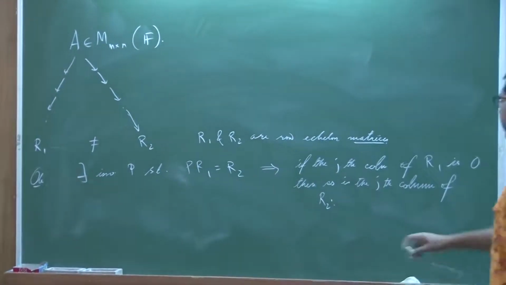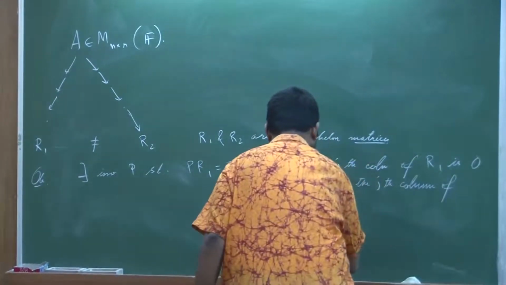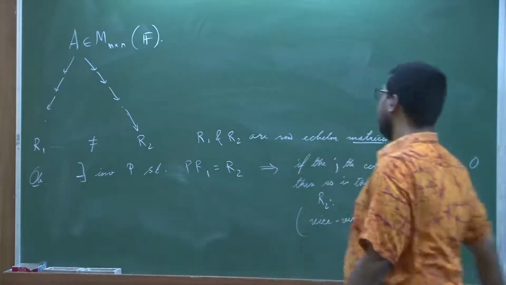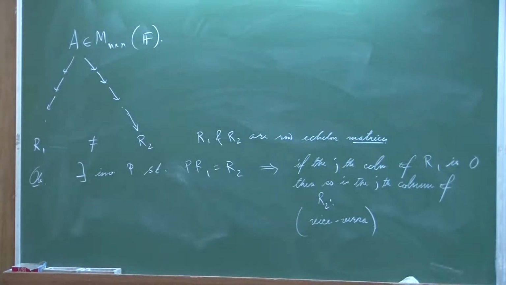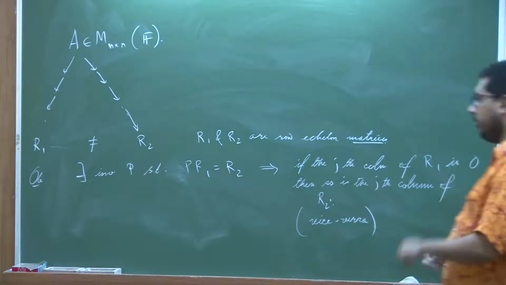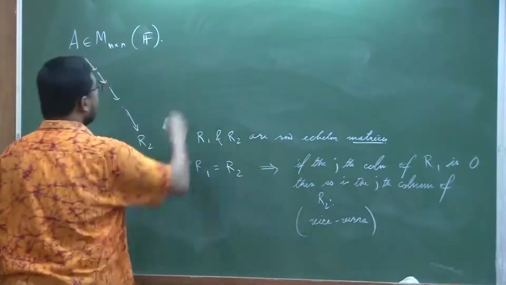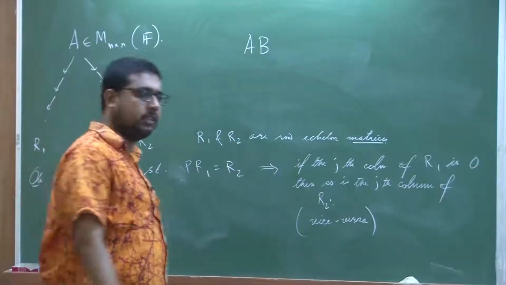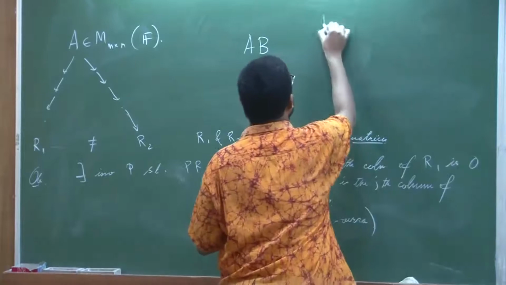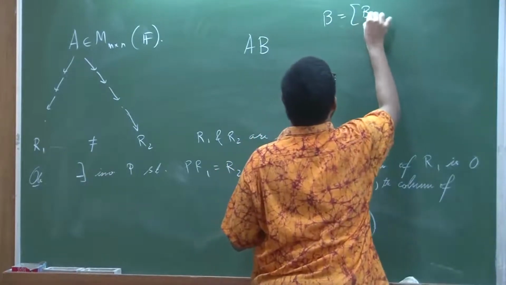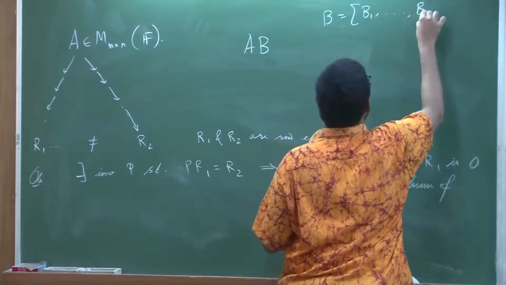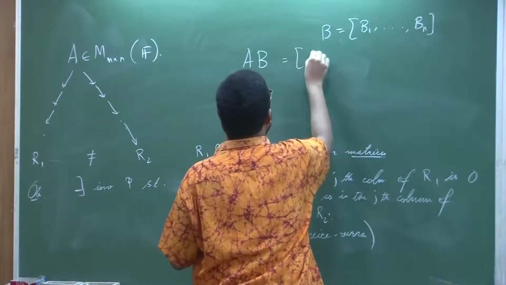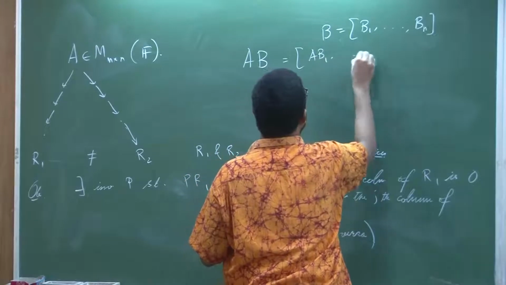Why so? And then similarly vice versa. That is, if the jth column of R2 is 0, then the jth column of R1 will be 0. Why so? That is very easy to see. If you remember how when we multiply two matrices, what are the columns of this product? If the columns of B are B1, B2, up to Bn, then the columns of AB are AB1 up to ABn.